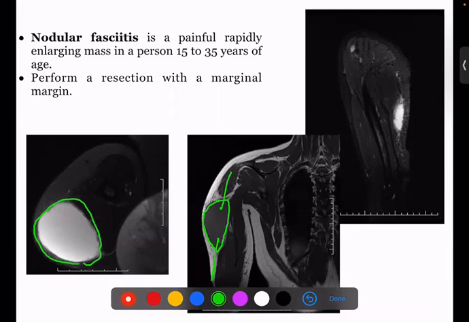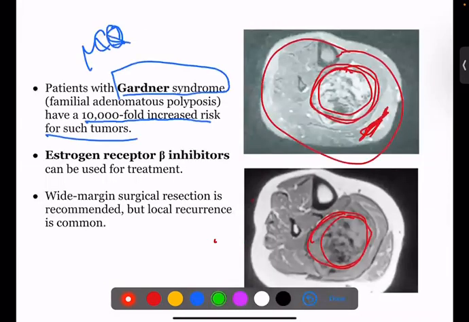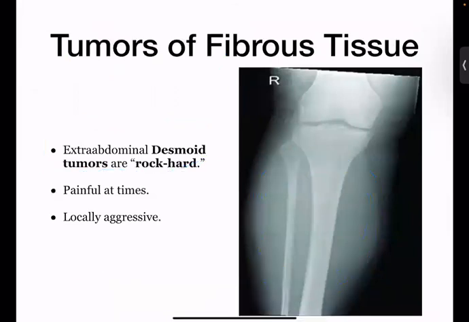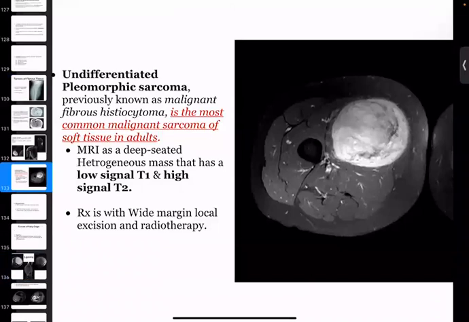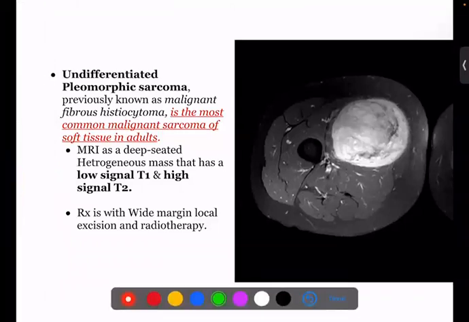Okay? Let me show you, sorry, we'll go to the next slide. So if you look at this x-ray, the tumor is within one muscle. Okay.